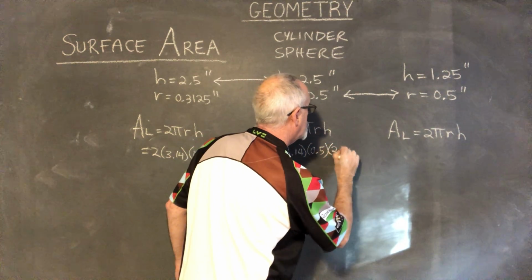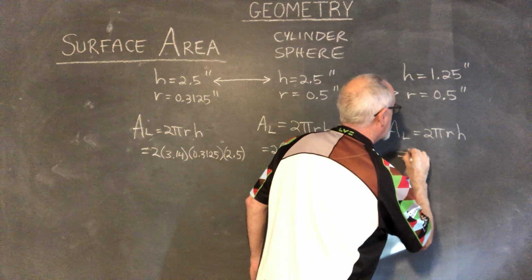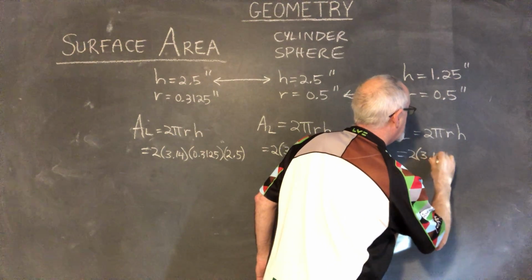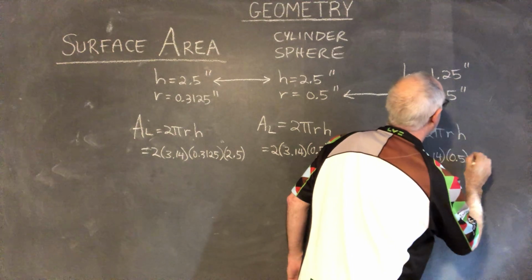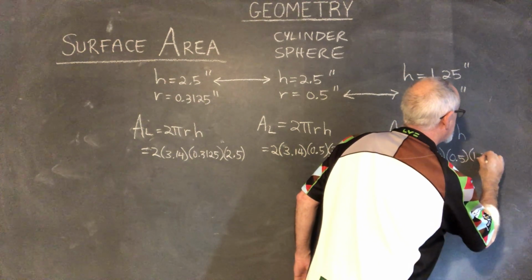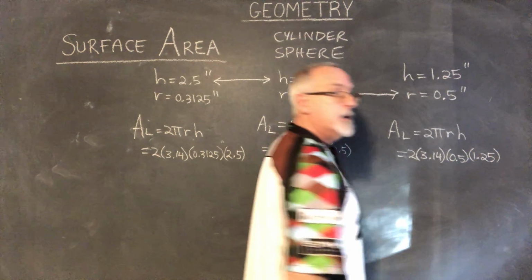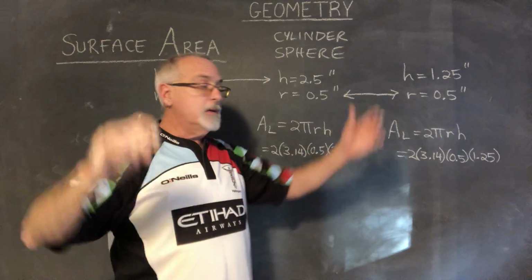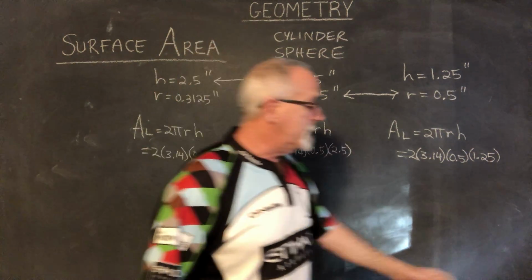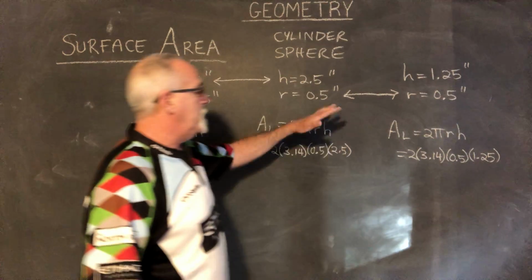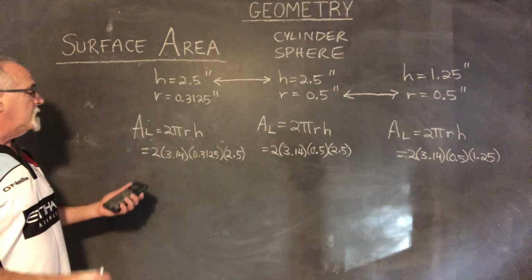Over here, 2 times pi times 0.5 times 1.25. Is this going to fit on my video window? Yes, it does. That's great. Okay, so now we have just a bunch of multiplying to do. We have 6 minutes left, which should be enough to follow this up with the total area formulas for all 3.